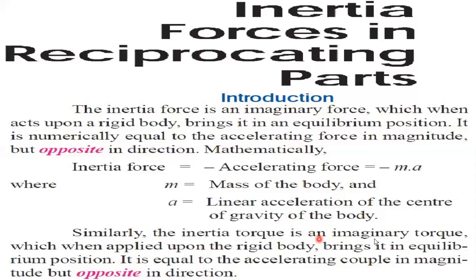So inertia torque is an imaginary torque which, when applied upon a rigid body, brings it to the equilibrium position. Whatever we saw for inertia force holds good for inertia torque also. Inertia torque will have the same magnitude as the accelerating couple, but it will act in the opposite direction.